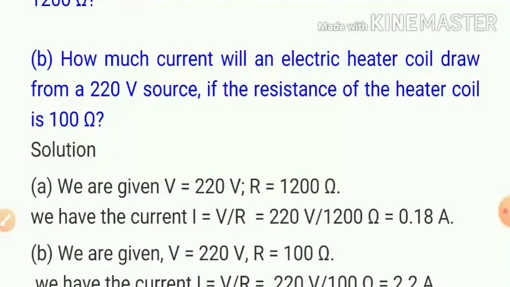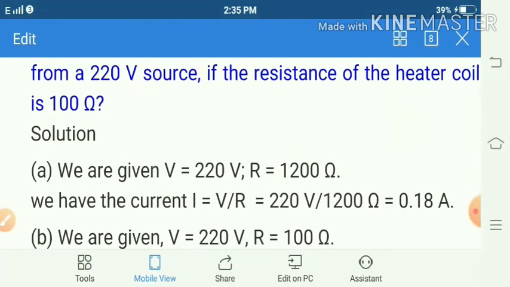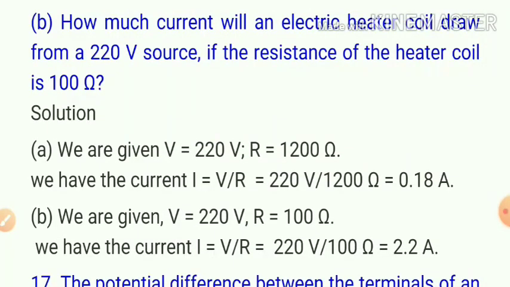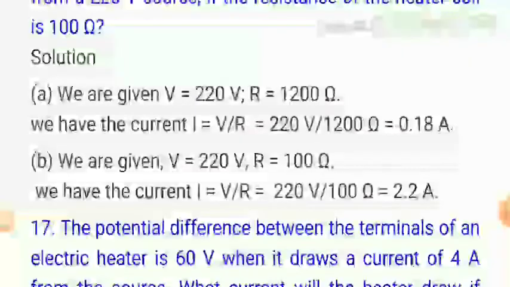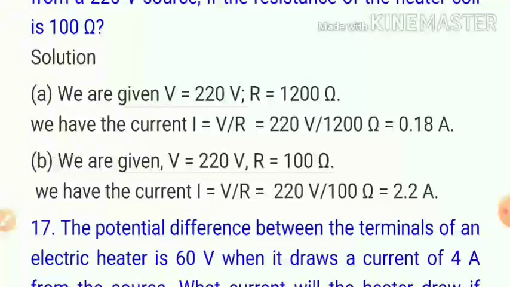From both questions A and B, in A the given values are V is 220 volt, R is 1200 ohm. We have the current I equal to 220 upon 1200. It becomes equal to 0.18 ampere. In B, V is equal to 220, R is equal to 100 ohm, and we have the current I equal to 220 divided by 100, and it becomes equal to 2.2 ampere.